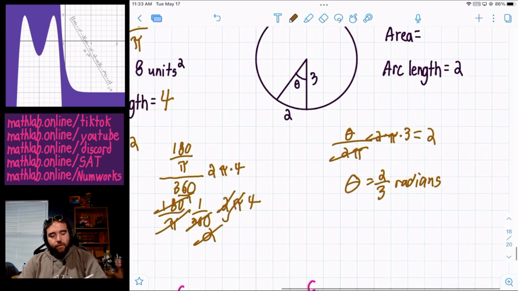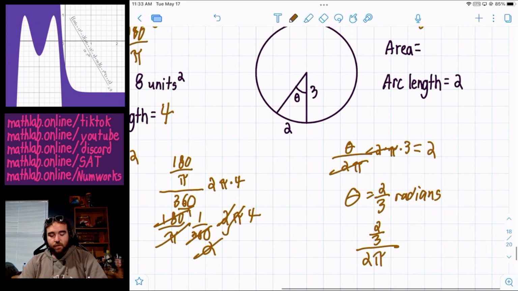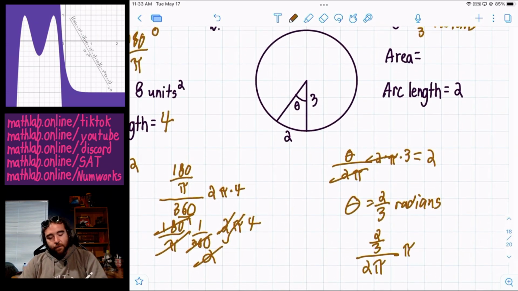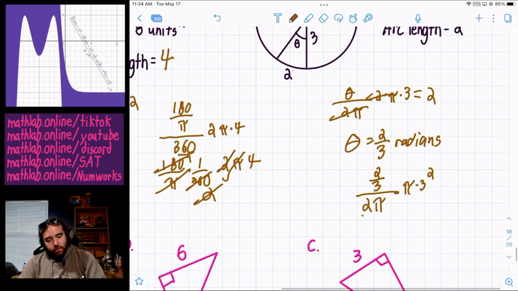So now we can find the area. So the angle was 2/3 out of the full 2 pi, times, we're going for area. So pi r squared, 3 squared. And then I guess we'll keep change flip again.